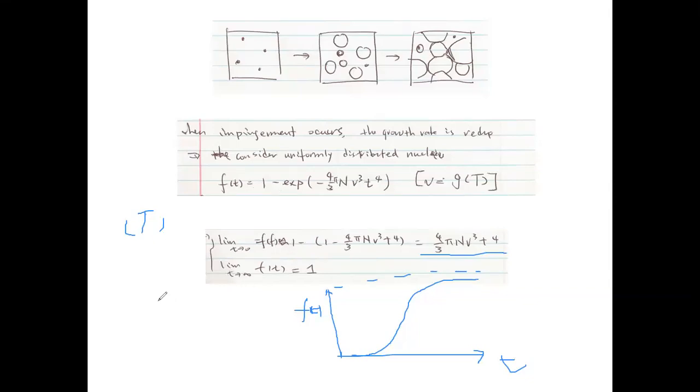If we change temperature, what do you think the parameter is going to change? There are only two physical parameters besides time. The first one is n, which is related to the nucleation rate. The other one is v, which is the growth velocity.